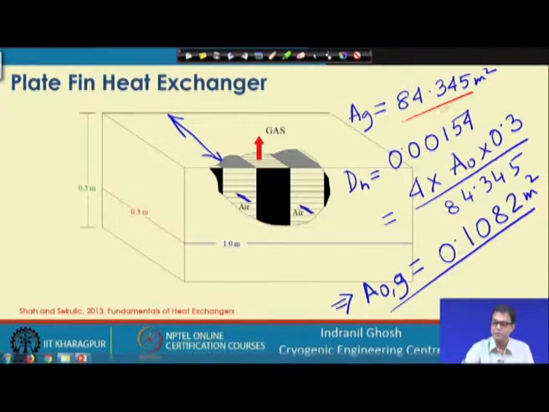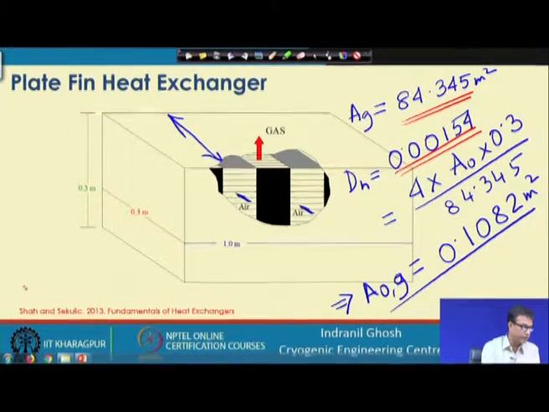Only thing is that this parameter will change. The hydraulic diameter being the same type of fin used, we have a similar dimension for the hydraulic diameter, and we will be able to correlate them.